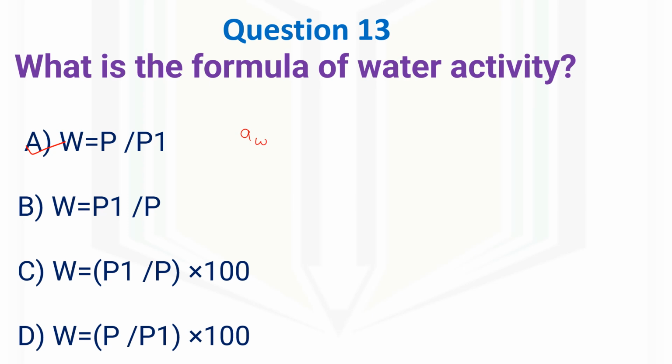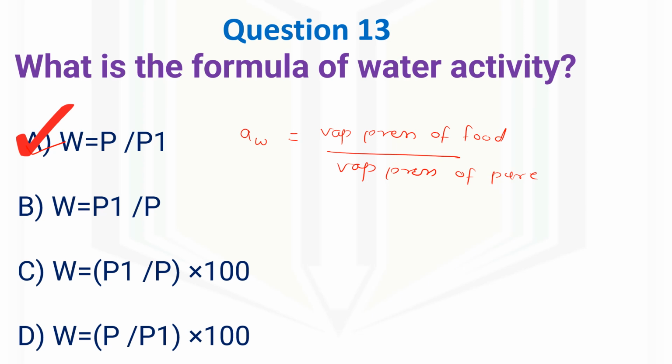So water activity can also be written like AW, and it is the ratio of vapor pressure of the food component divided by vapor pressure of pure water, both at same temperature. So this can be denoted by P and this can be denoted by P0 or the absolute or the initial. So it can be denoted by P1 or P0. So this is the formula.